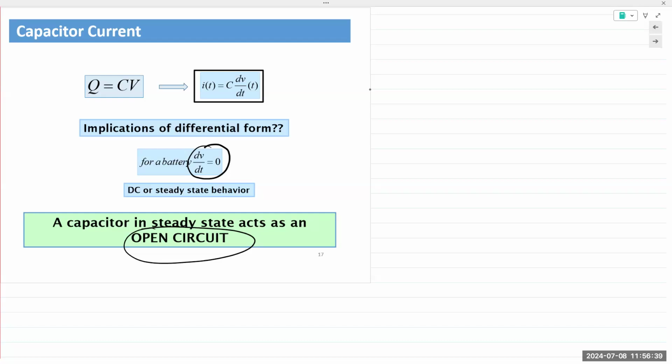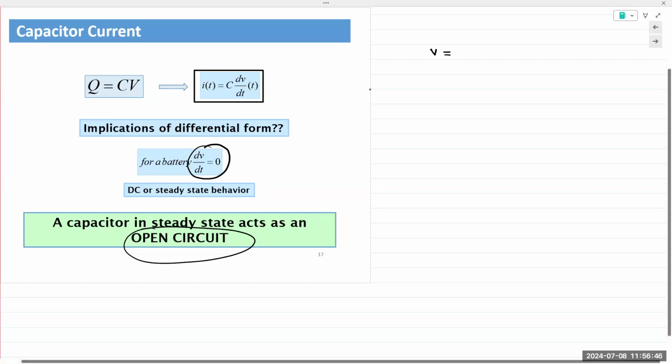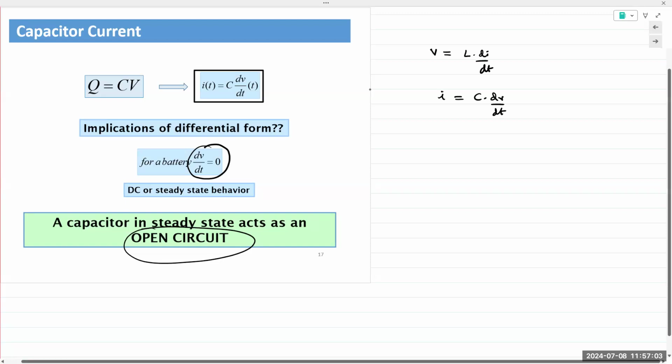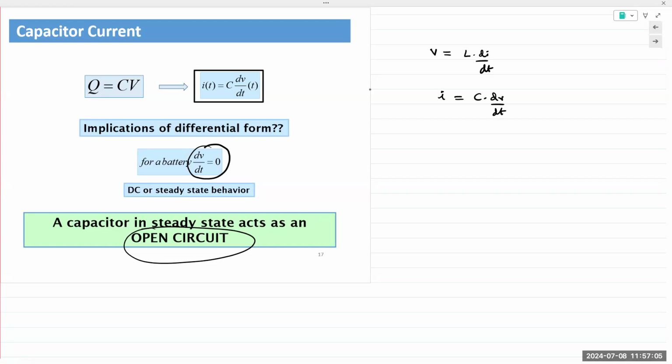So one thing I'd like to point out is about the notations. For inductor, the voltage was L di over dt. For capacitor, the current is C dV over dt, right? Rate of change of current, rate of change of voltage. Now, if you notice here in the capacitor equations, this is on purpose. I show it as a function of time.